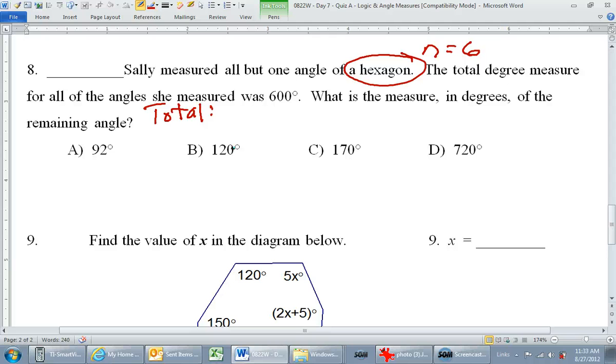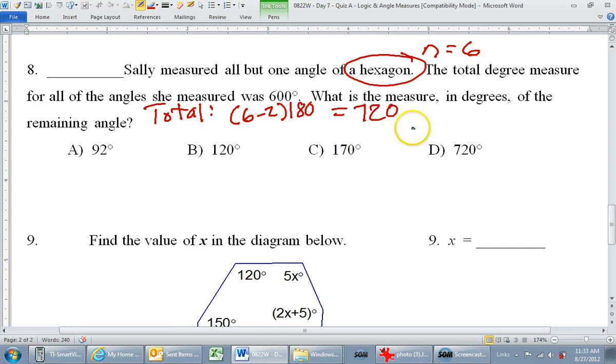Derek, how do I find the total, my friend? You do 6 minus 2 times 180. Yeah, we do 6 minus 2 times 180. Okay, what is that total, my friends? 720. Okay, so that tells us we have a total of 720 degrees.